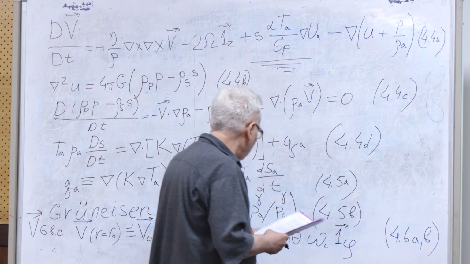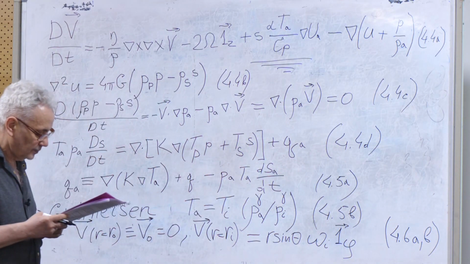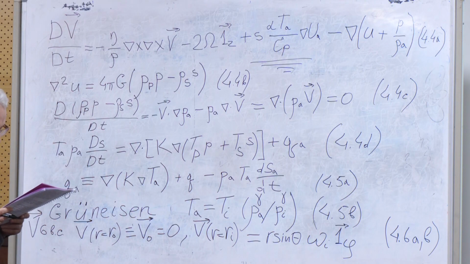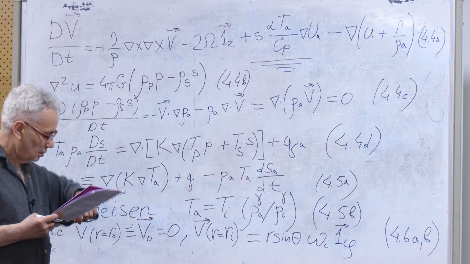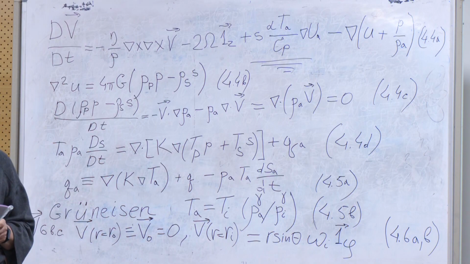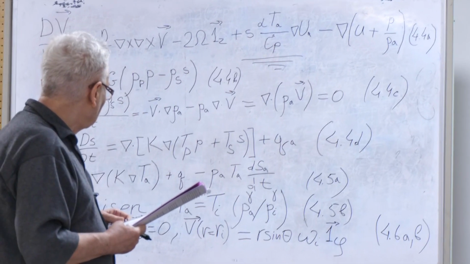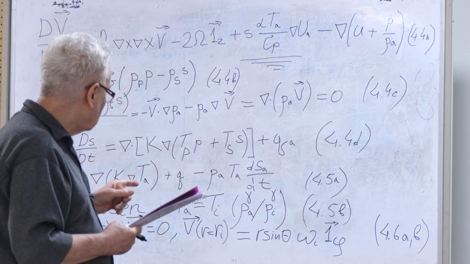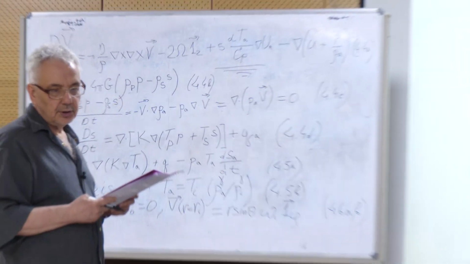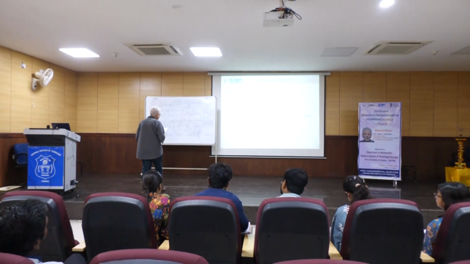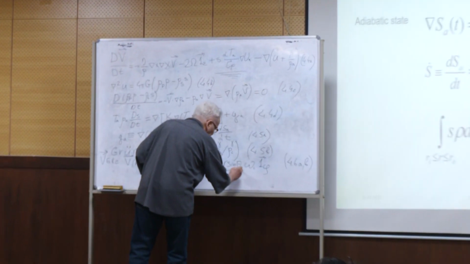A and b mean that a is on the outer boundary and b is on the inner. There is no square here; this r sin theta is the cylindrical radius.